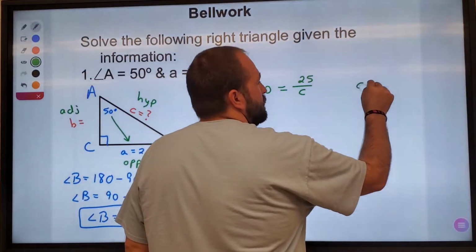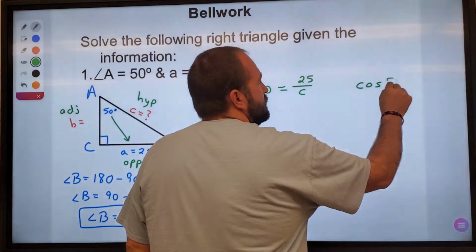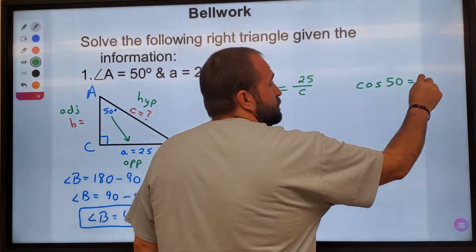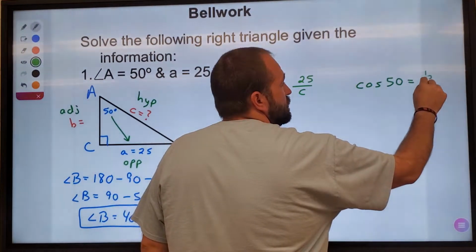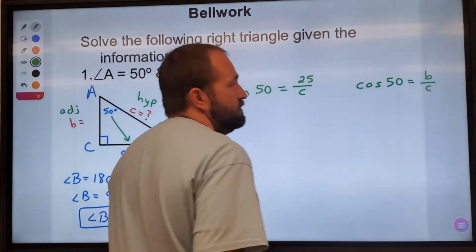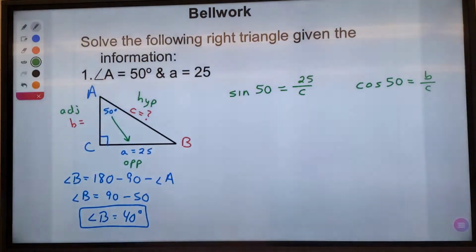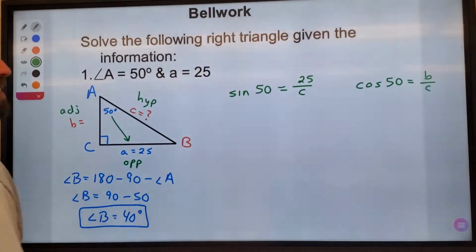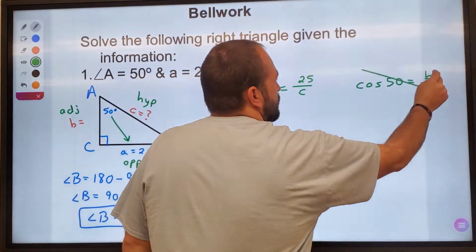So cosine of 50 is equal to the adjacent over the hypotenuse. Notice with cosine, we don't have two pieces of information. And again, in order to solve for something, you have to only be missing one piece. So I cannot use cosine here. So I'll go ahead and cross that off.